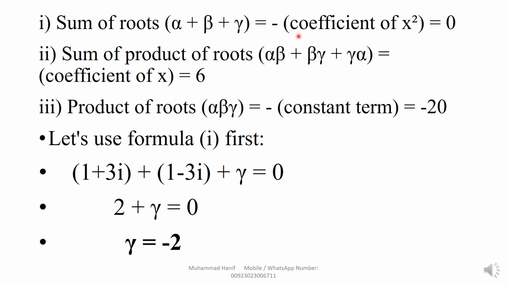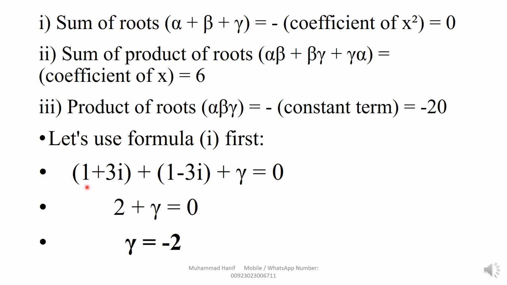According to these conditions, alpha plus beta plus gamma: here is the value of alpha, plus the value of beta, plus gamma equal to 0.